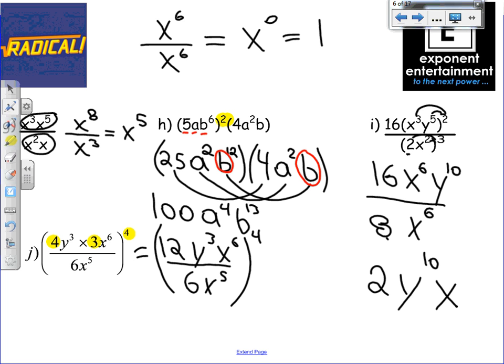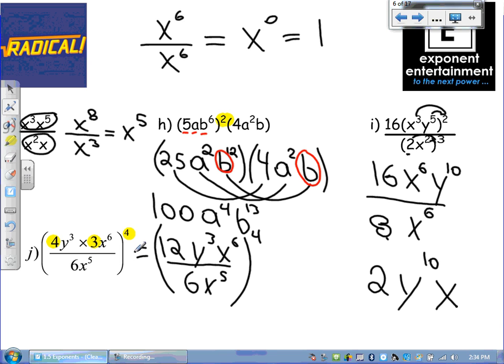Yes, because I'm about to show you why. What else can we simplify inside the brackets? The 12 and the 6, and the x's. The 12 divided by 6 is 2.